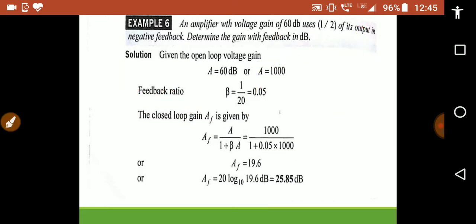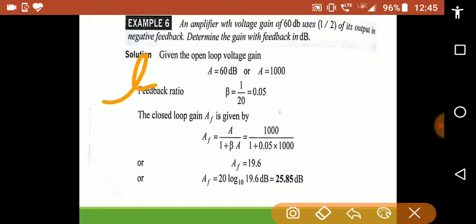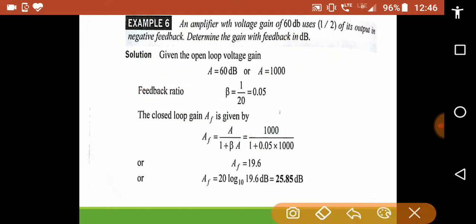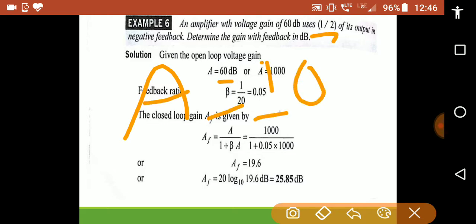So log 10 A equal to 3. So A equal to 10 to the power 3 equal to 1000.